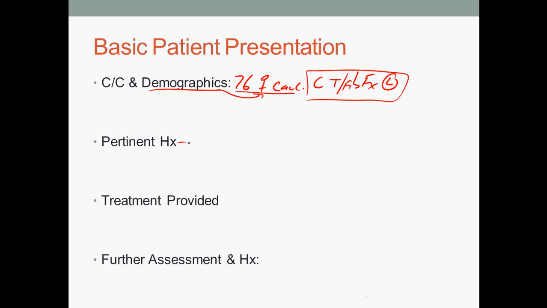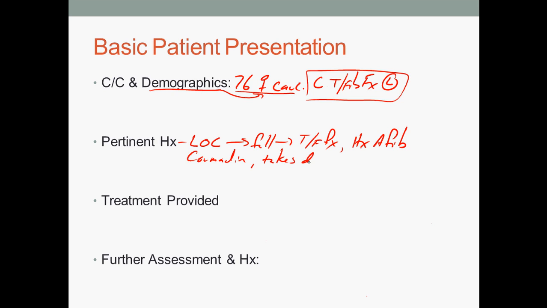And the pertinent history, so we're going to go right into it. She had a loss of consciousness leading to a fall, which caused her tib-fib fracture. And she had a history of AFib and is on Coumadin, which she takes daily.